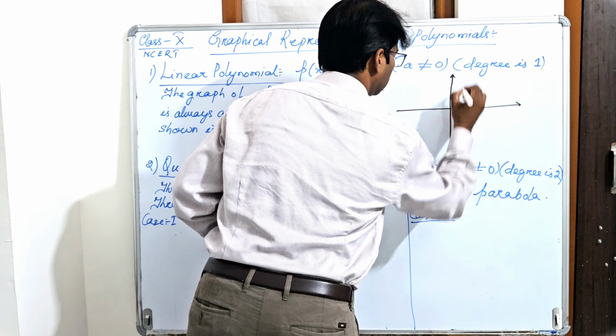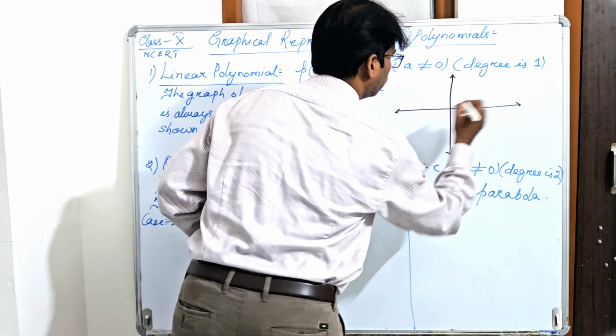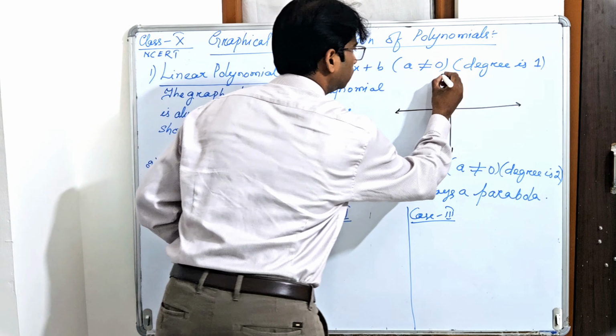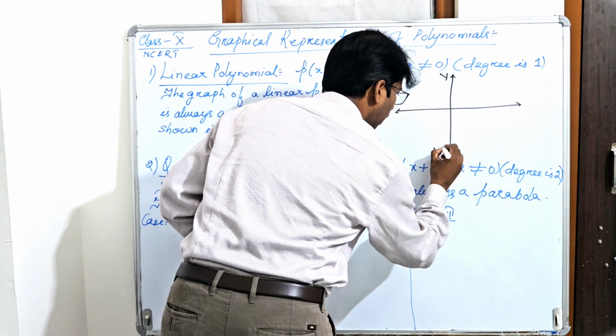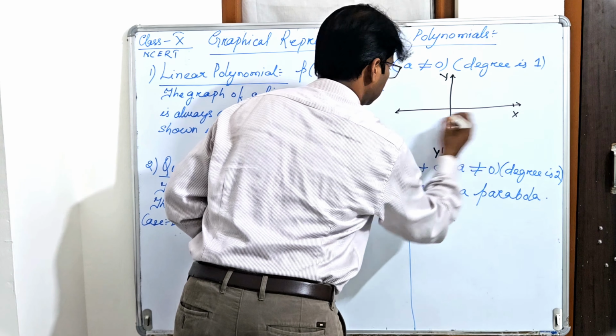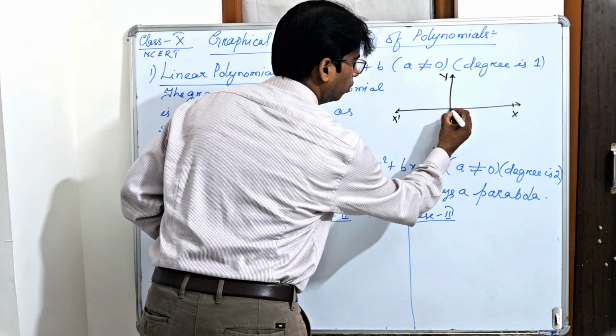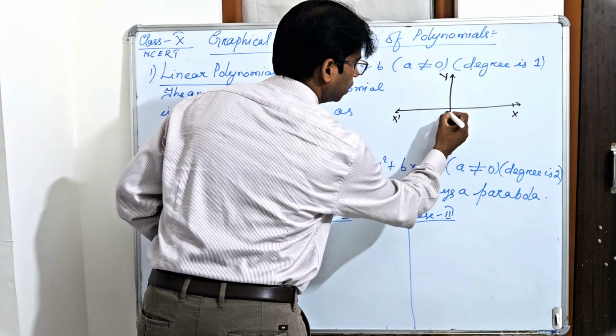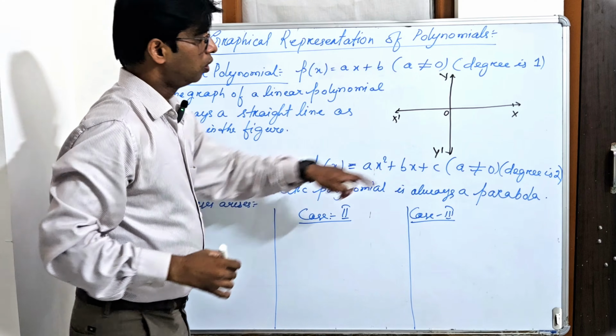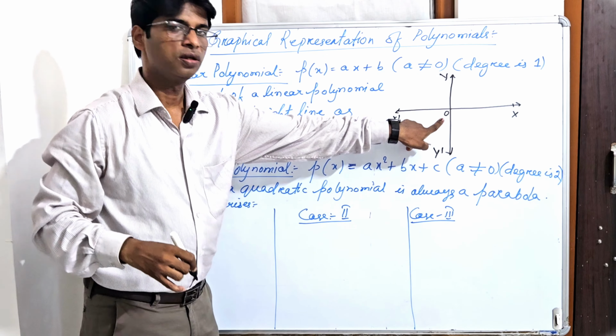You must be knowing everyone, these are the coordinate axes, y dash and x dash. They are mutually perpendicular to each other, and this point of intersection is named the origin, O.